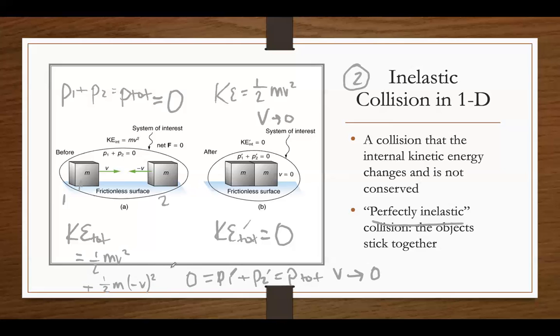Of course, a minus sign squared is just a plus sign, so it doesn't really matter that I have that in there, but just for the sake of understanding, we would put that in. So we have 1/2 mv squared plus 1/2 mv squared. That gives us mv squared here.